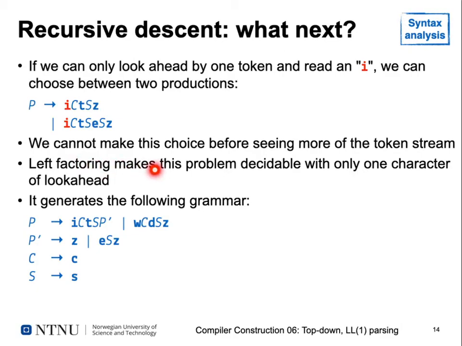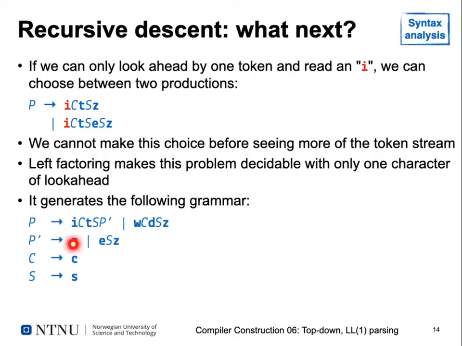We are solving this problem using our left factoring approach to make this problem decidable when we have only one character of lookahead. So left factoring, and you can try this out for yourself, generates the following grammar. Now we go from our non-terminal symbol P, our start symbol, either to just i c t s, so the common prefix for the simple if and this if including the else, and then a new production P prime, or we include our while loop as before.